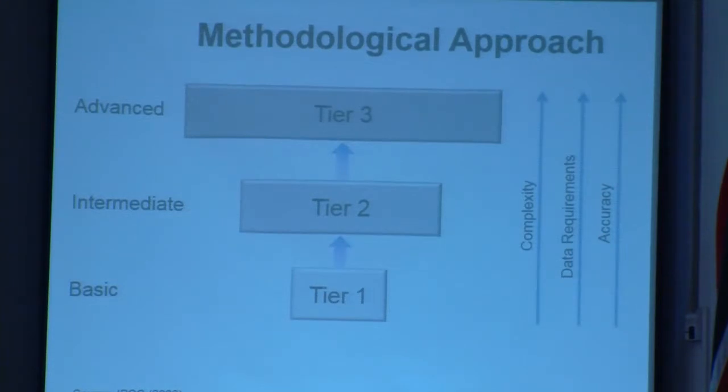A tier 1, simplest method, but it can be the least accurate. It's the least data intensive, but also the least accurate. A tier 1 basically use default emission factors to calculate your emissions.